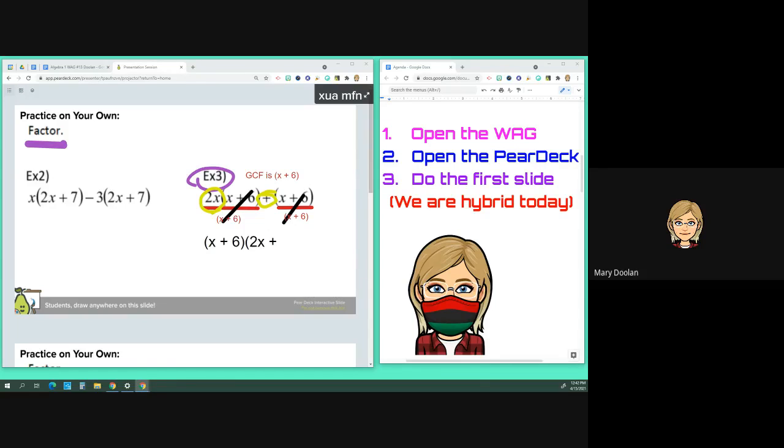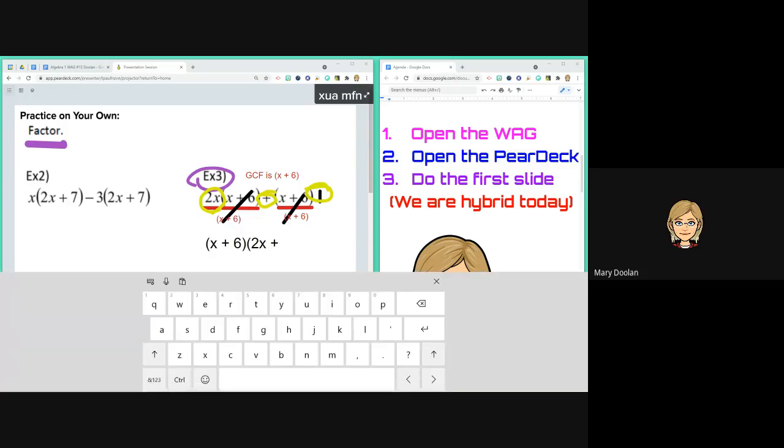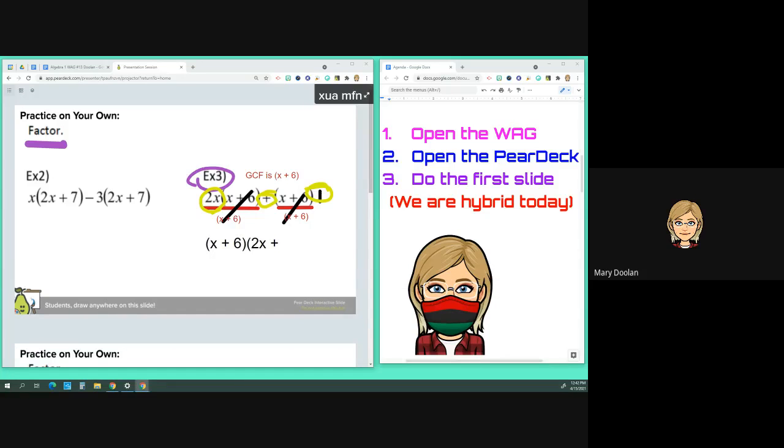Whenever you divide something by itself, then you would get 1. So there is an invisible 1 just hanging out here. And so I can finish writing my second binomial like that.